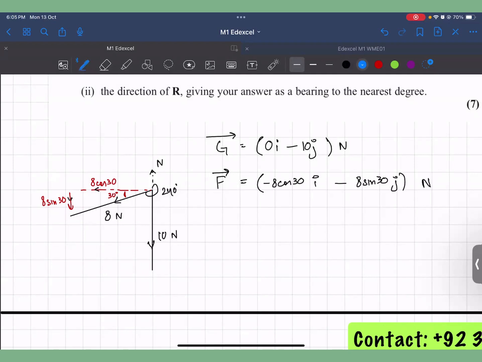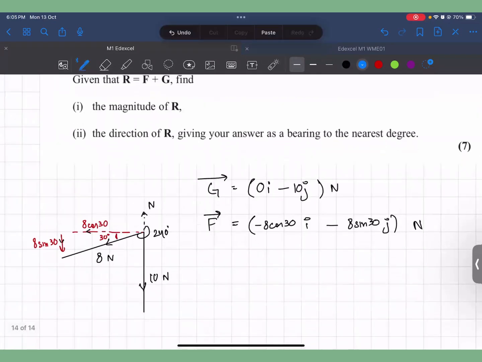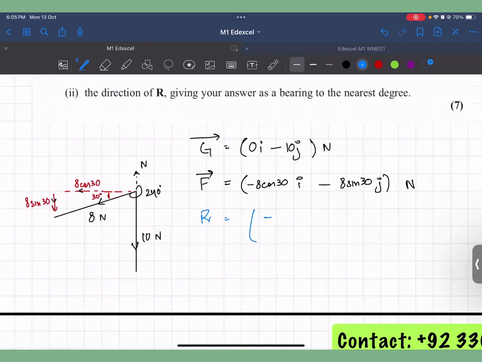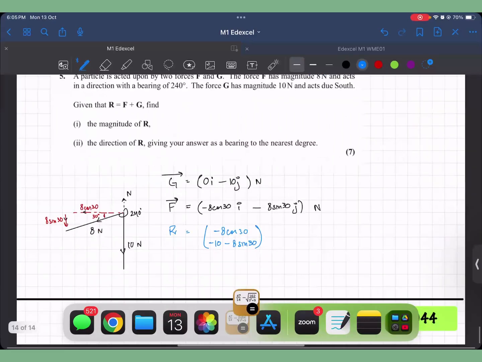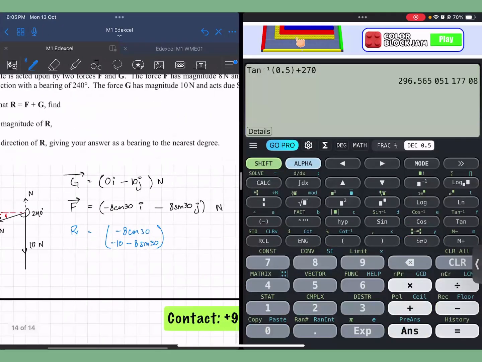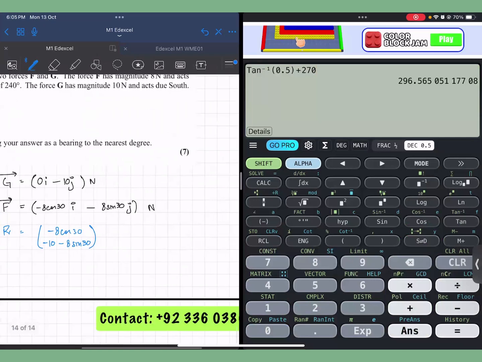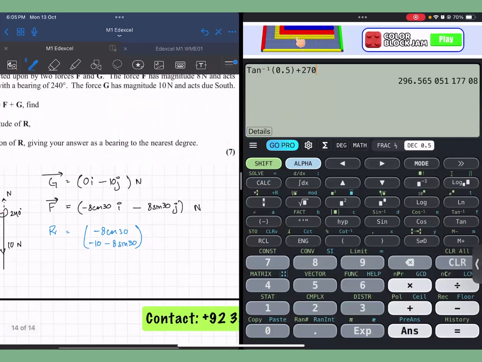And then they're asking you to find the magnitude of R. R is the sum of both of these. So R will become minus 8 cos 30 i and minus 10 minus 8 sin 30 j. And then you find the magnitude. We have done both of them in the same part, I think. 7 marks.